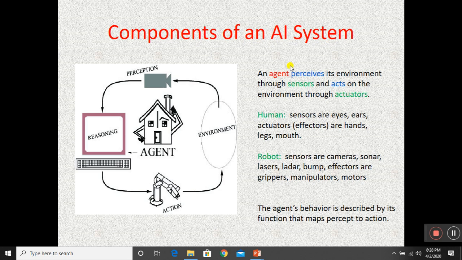What is an AI agent? An agent perceives its environment through sensors and acts on the environment through actuators. So the agent will receive information through its sensors, and on the basis of this information sensed from the environment, the agent will act with the help of actuators.